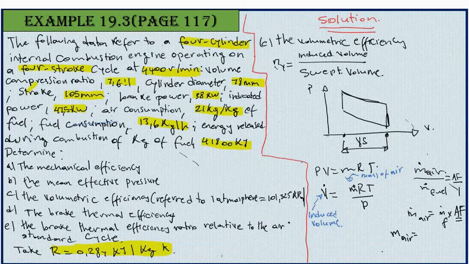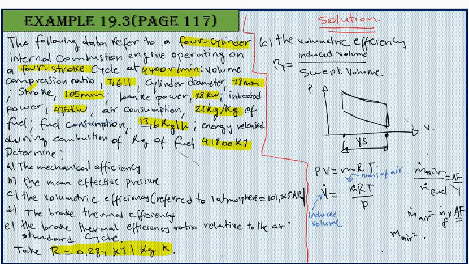So I have the mass rate of fuel, it is given already. So I need to convert that into kilogram per minute. So I'm gonna need to divide this by 60, because the fuel consumption is expressed in kilogram per hour.